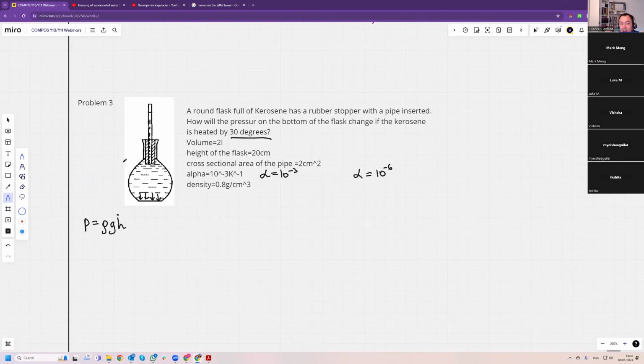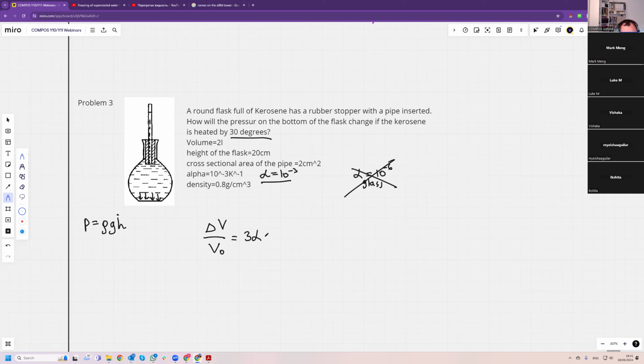The increase is 1,000 times less than the kerosene inside. That's why in these problems, we usually neglect the expansion of glass. It will say in the problem, but I hope you understand what I mean. So we need to calculate the change in volume of the kerosene. It's going to be 3 alpha.